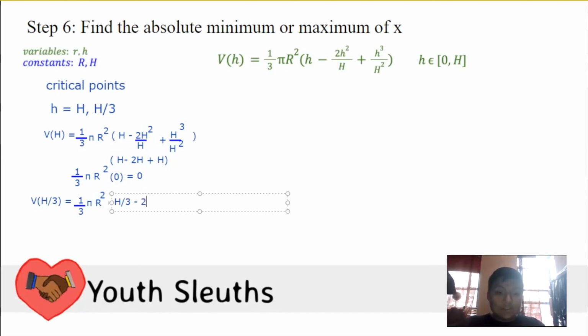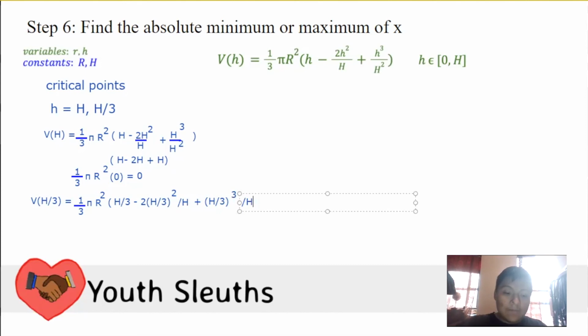We subtract 2 times big H over 3 squared, and then that is being divided by big H. And then we add big H over 3 cubed divided by big H squared. And we close our parentheses.